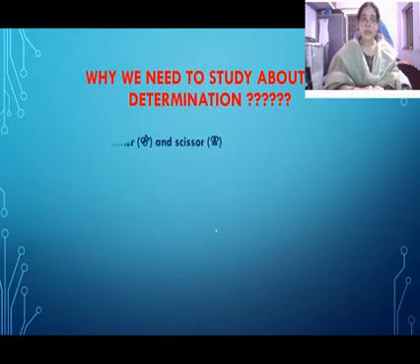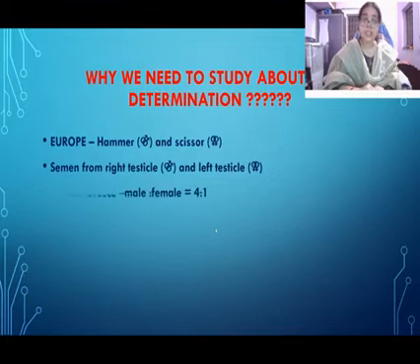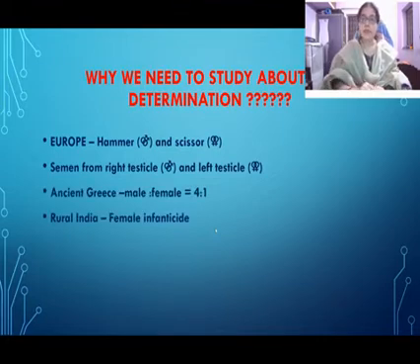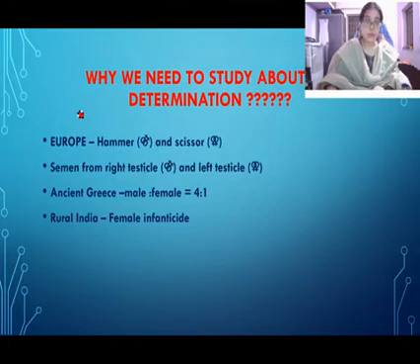Many ancient superstitious beliefs are there, like in Europe they used to keep a hammer under the bed to conceive a male child and a scissor to conceive a female child. In ancient Europe, it was also thought that semen from the right testicle results in the conception of a male child, and from the left testicle a female child.